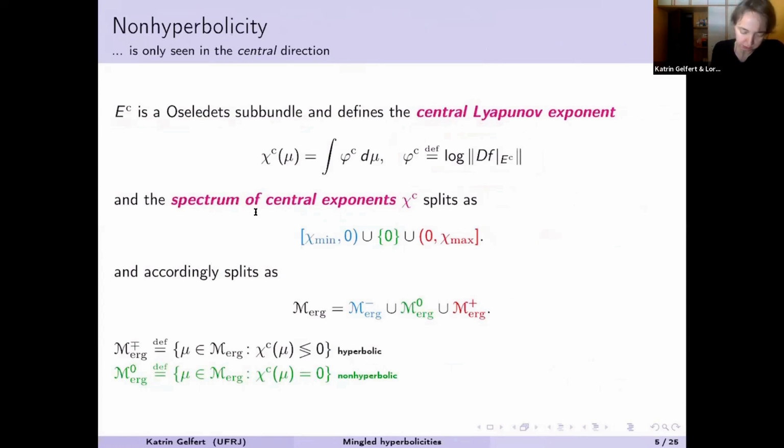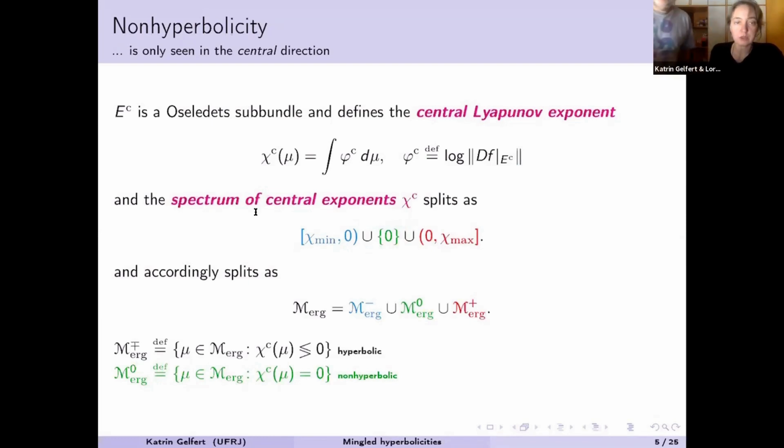And hence, to study the existence of non-hyperbolicity just amounts to studying the spectrum, meaning the averages of this continuous potential. Okay, so because of the coexistence of saddles of contracting and expanding types, the spectrum of central exponents has negative and positive values. But as there do exist also non-hyperbolic ergodic measures, it also contains zero as a possible exponent, and the zero is in the interior of the spectrum.